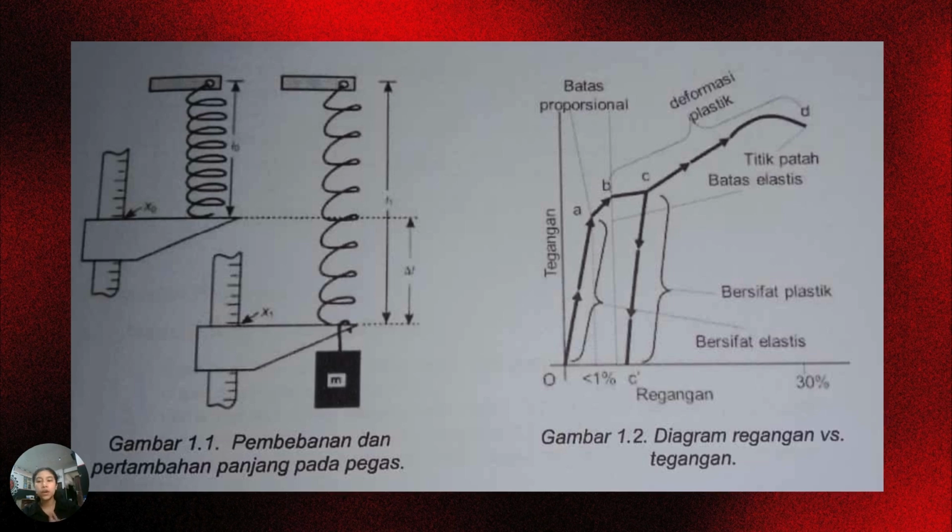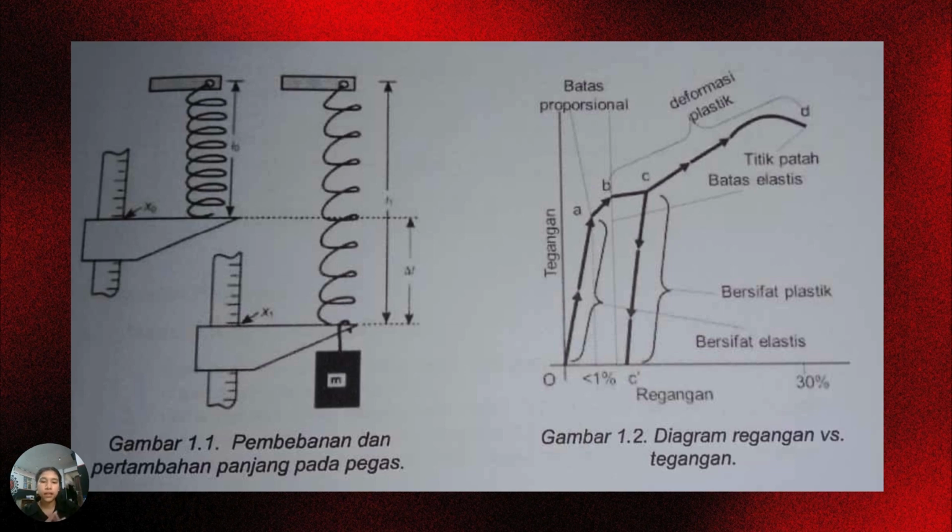Next, we will talk about figure 1.1 and 1.2. Figure 1.1 is the loading and elongation of a spring. These figures show the change in the length of a spring when a load is applied. There are two conditions being compared: 1 is the spring without load, and 2 is the spring with a hanging mass.